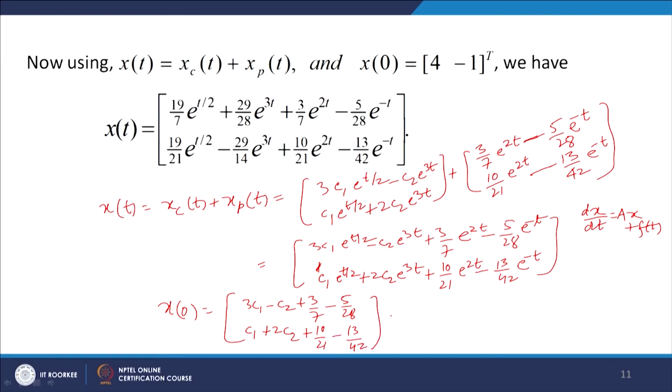This is equal to, we are given, 4, -1. So, this will give you two equations, 3 c1 minus c2 plus 3/7 minus 5/28 equal to 4, c1 plus 2 c2 plus 10/21 minus 13/42 equal to minus 1.